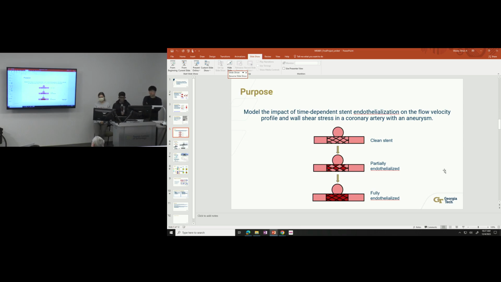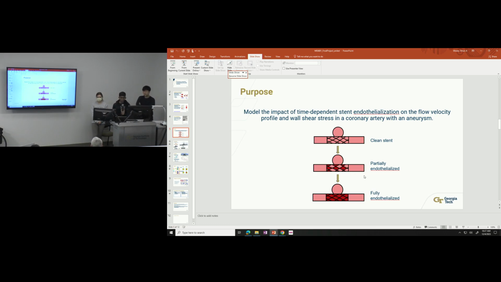And so these are just some simple diagrams to illustrate what endothelialization looks like. Now, it's very idealized because these darker red regions, which are supposed to illustrate the endothelialized layers, don't exactly form in this type of pattern that you see here.